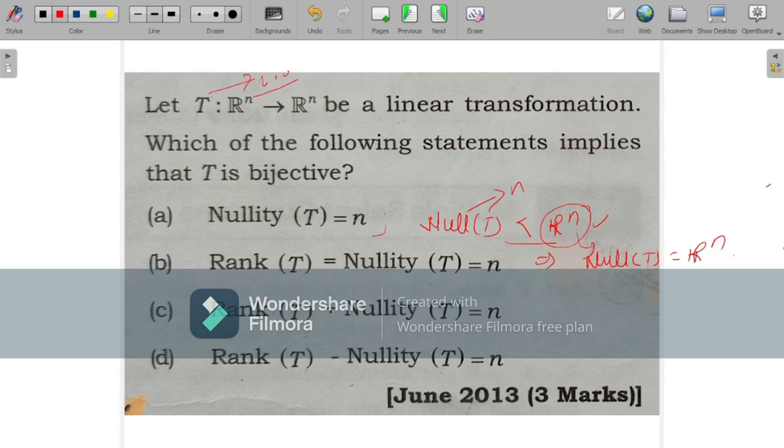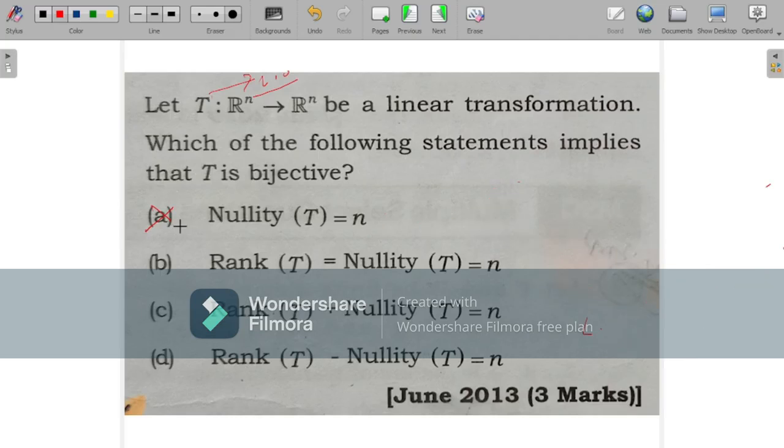So from this we can conclude that T(x) is equal to 0 for every x belongs to R^n. So that means T is a zero transformation. But this zero transformation is not onto, because its image space contains only the zero vector. So this T cannot be onto here. So T cannot be bijective. So the first option is wrong.